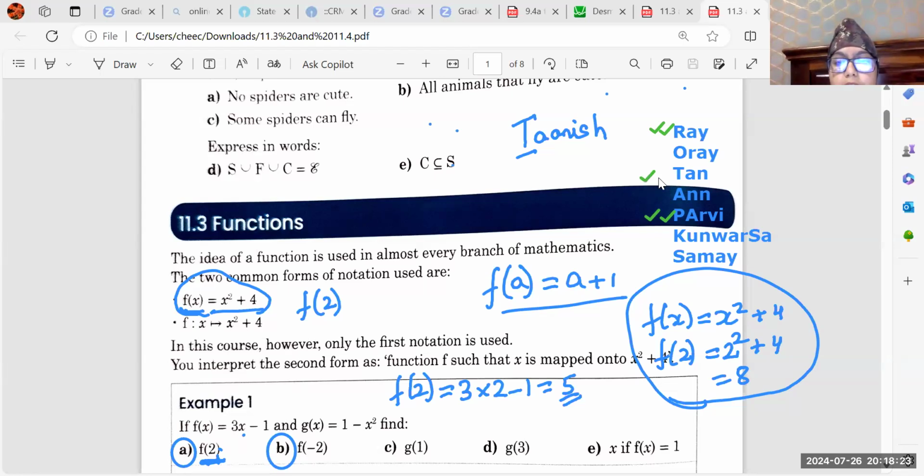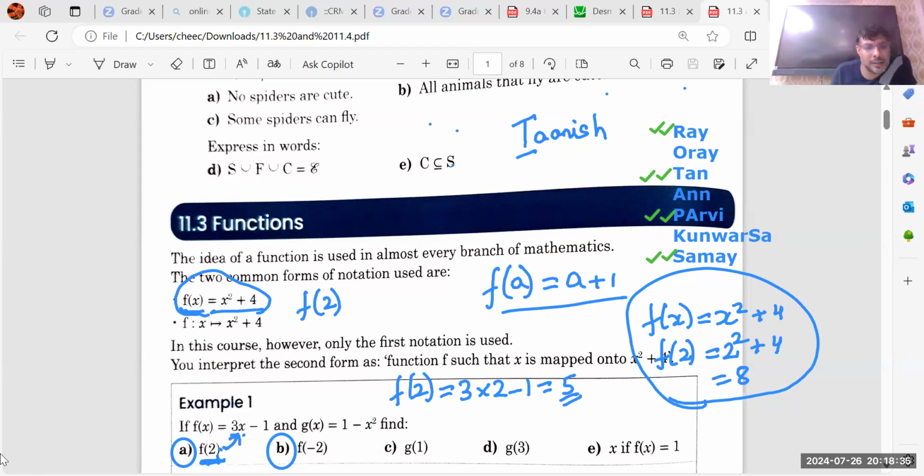Beta, you only have to put 2 in place of x. F of 2 means put 2 in place of x, that's all. Okay, I have solved here. 3 into 2 minus 1 gives me 5.